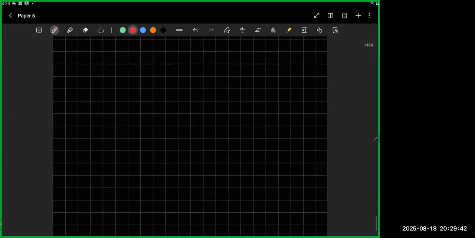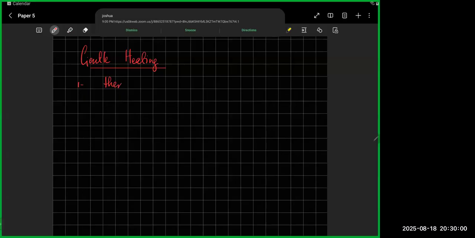अच्छा, gentle heating. How do you do gentle heating? अच्छा, number one is thermostatically controlled.